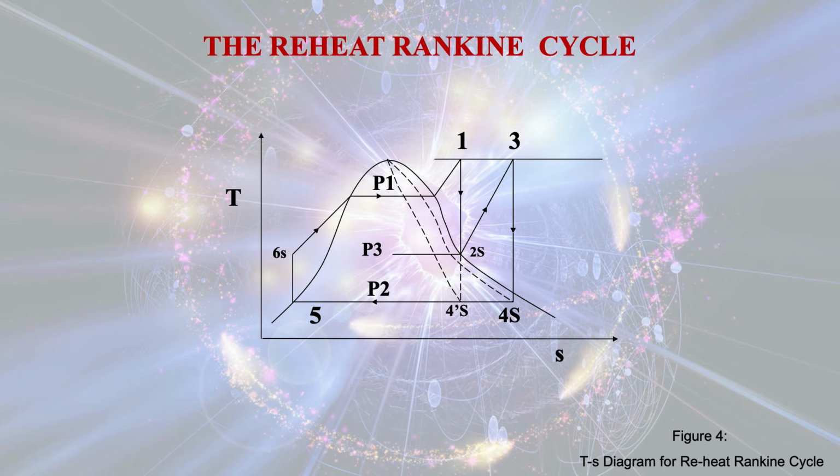So in that case the heat input is equal to H3 minus H2S. So net heat input is equal to H1 minus H6 plus the heat required for the reheating process. Now let us see how we can calculate the efficiency for the ideal reheat cycle.